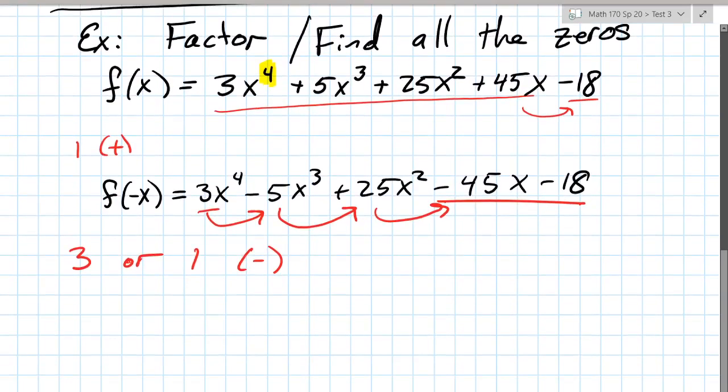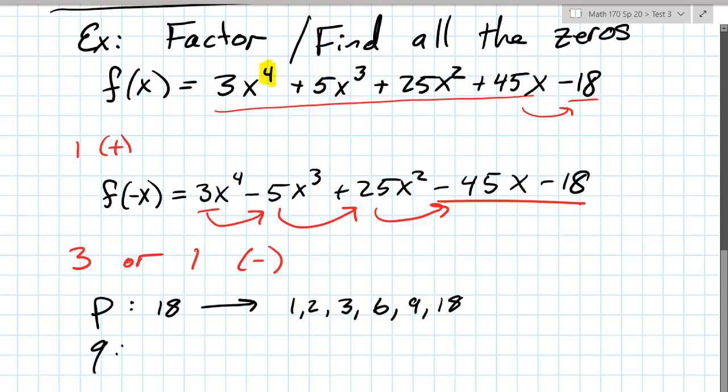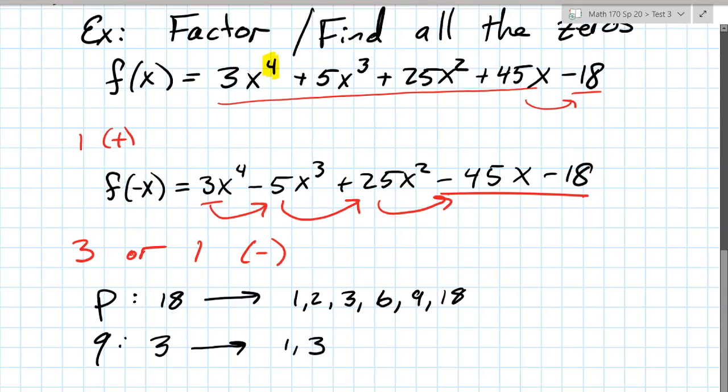From there, we have factors of 18 are 1 and 18, 2 and 9, 3 and 6. And for Q, we have factors of 3. Factors of 3 are 1 and 3.